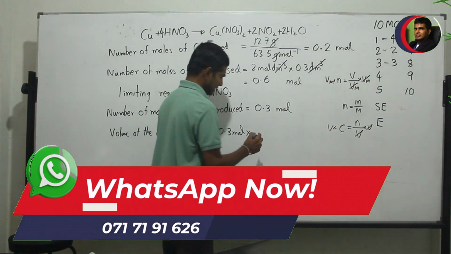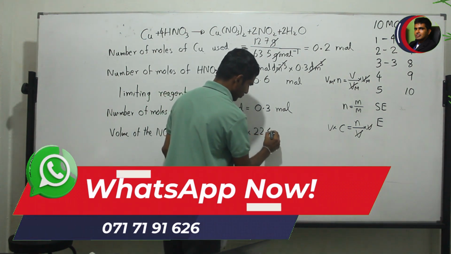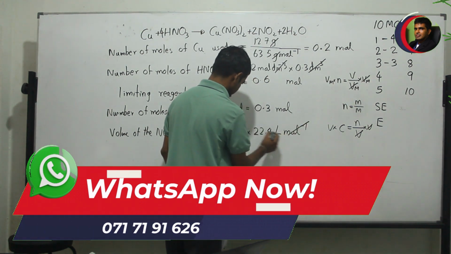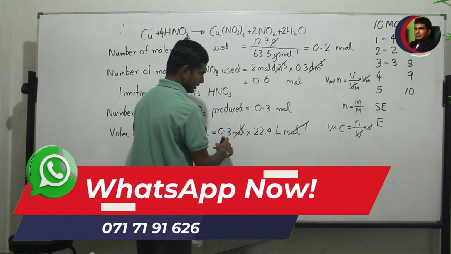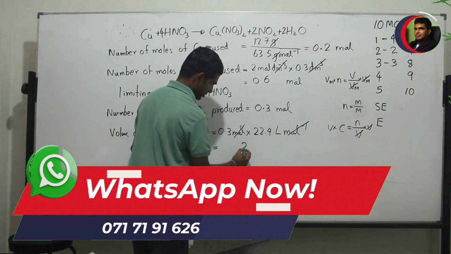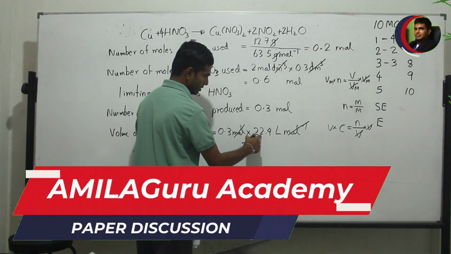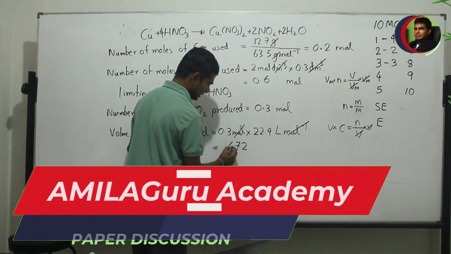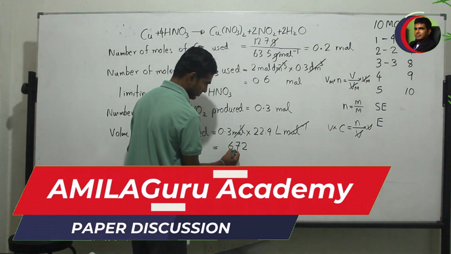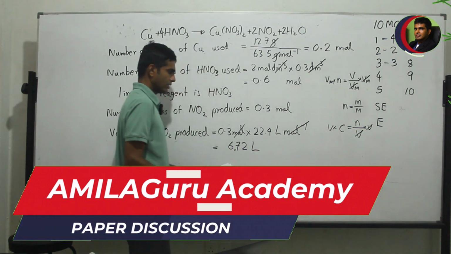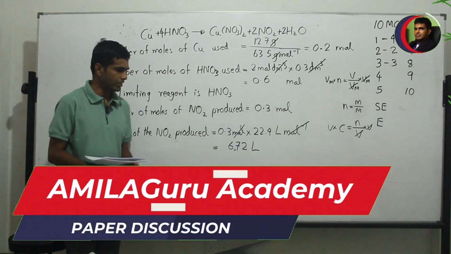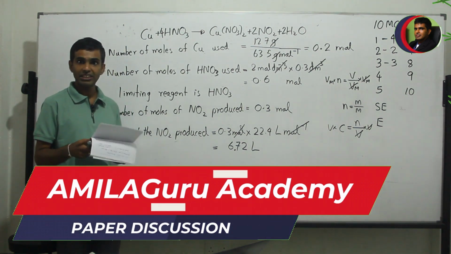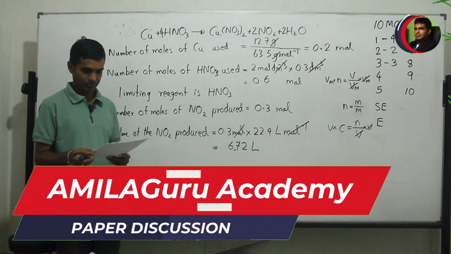It is given as 22.4 liters per mole. 3 times 4, 12, 1, 3 times 2, 6, plus 1, 7, 3 times 2, 6, 1, 2 decimal places. So the volume of the produced nitrogen dioxide is 6.72 liters at standard temperature and pressure.